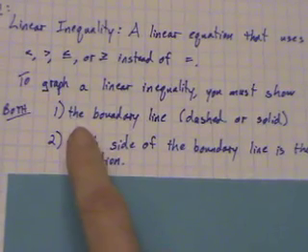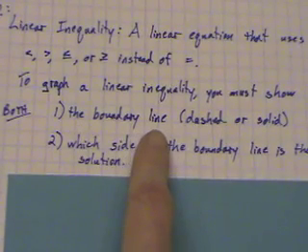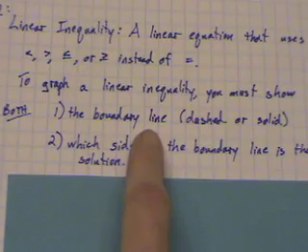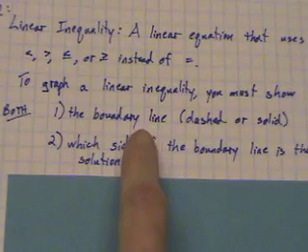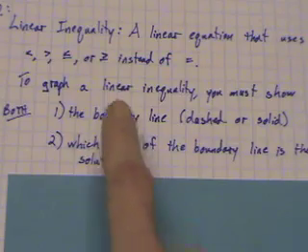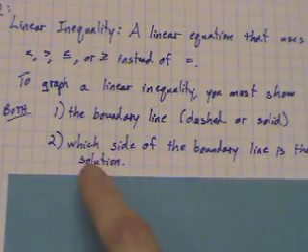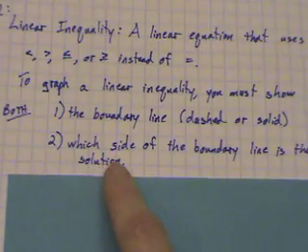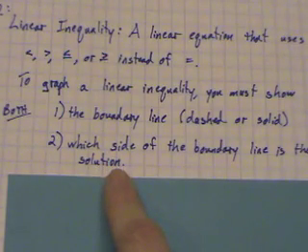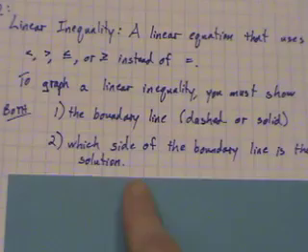First, you have to show the correct type of boundary line. Is it going to be dashed because it's less than or greater than? Or is it going to be solid because it's less than or equal to or greater than or equal to? You also need to show which side of the boundary line is the solution to the inequality. If you don't have part of that graph shaded in, you do not have a complete answer.